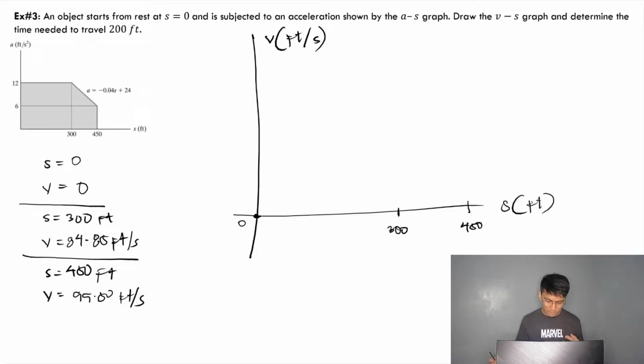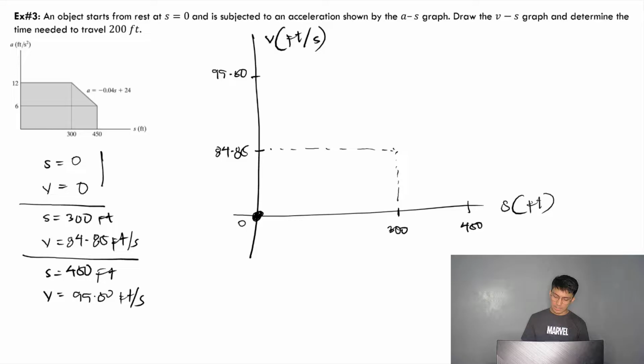Now, for the velocity, we have three values: 0, 84.85, and 99.5. Let us create it now. When S is 0, the velocity is also 0. When our S is at 300, our velocity is here. So, we are here. When our S is at 450, our velocity is 99.